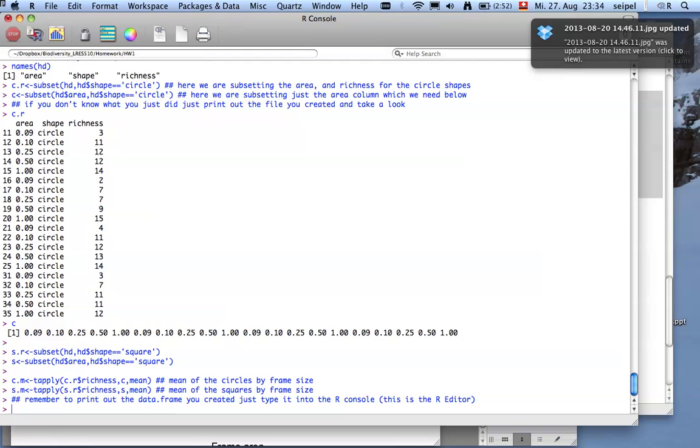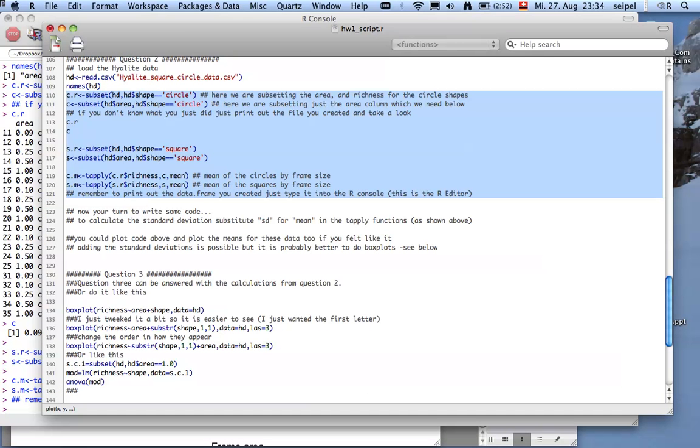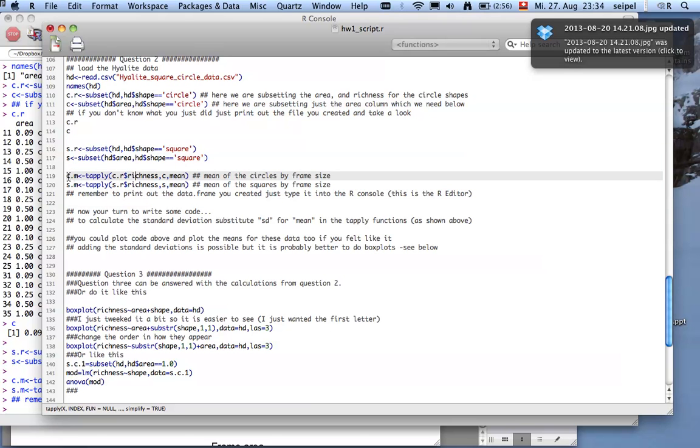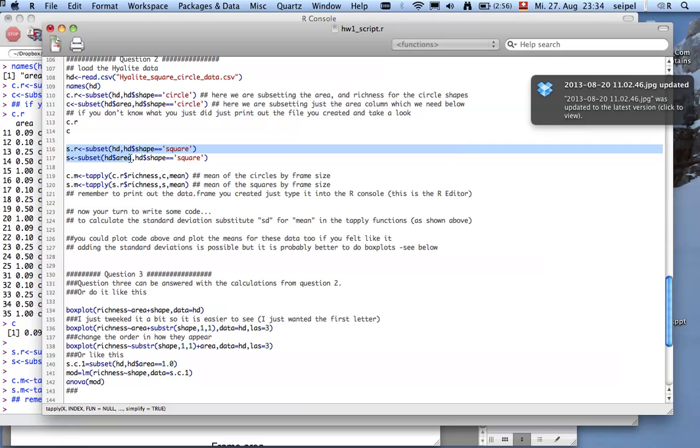And so remember that we have unique combinations of area and unique plot size shapes. So we can do that with the T command, with the square. So here we just subset again like we did before into circles and squares.